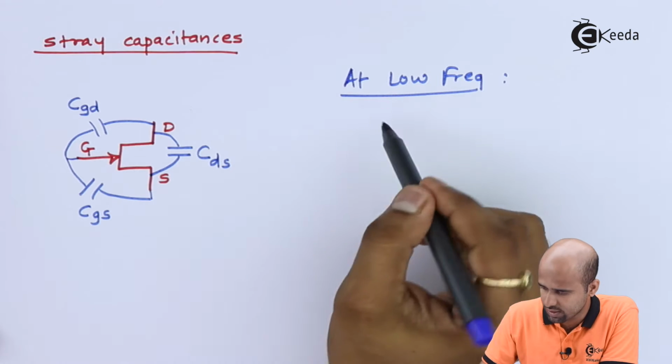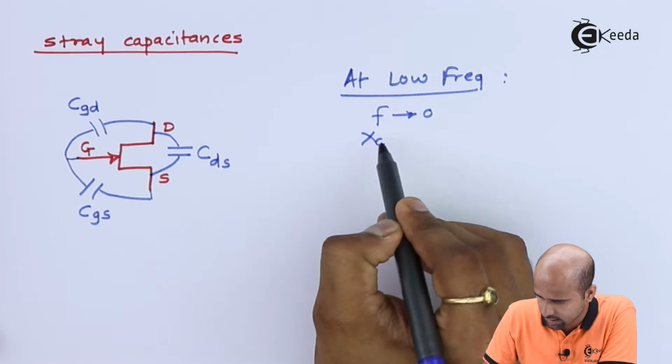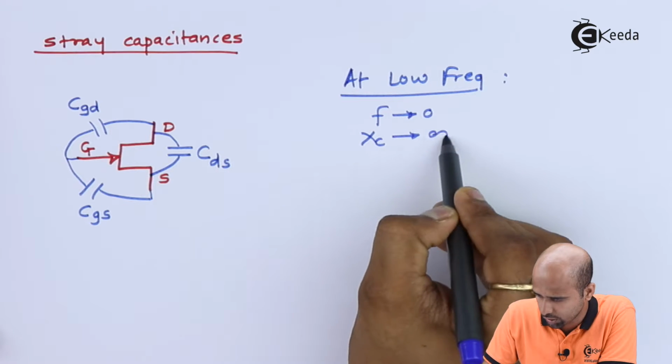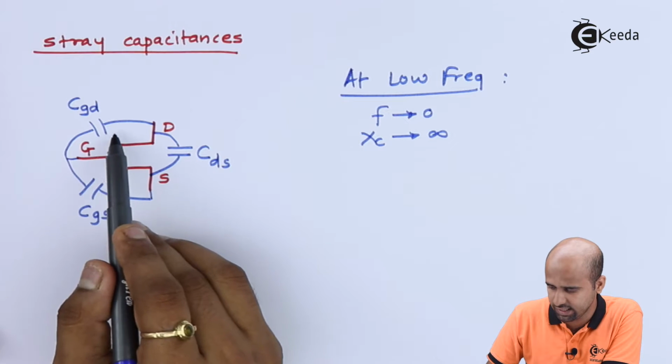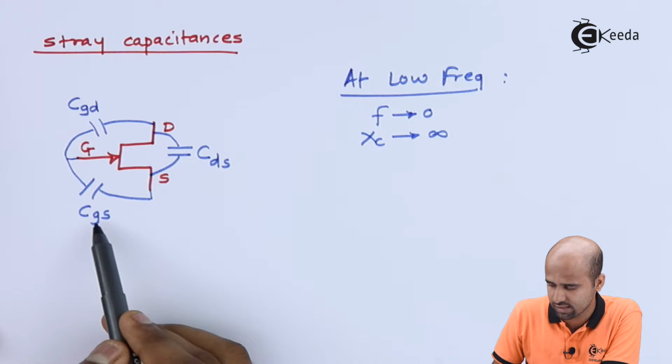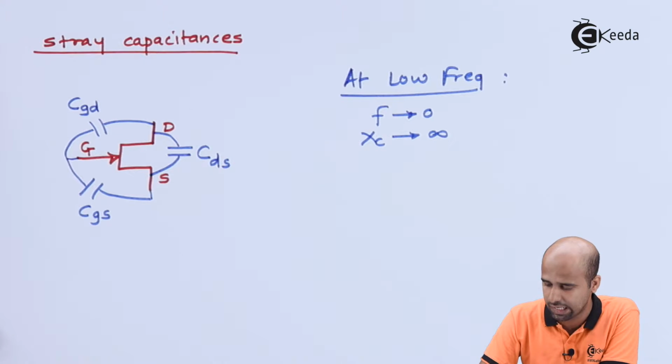Now at low frequency, F tending to 0, XC tending to infinity. So actually all these capacitances, CDS, CGS and CGD, become open circuit.